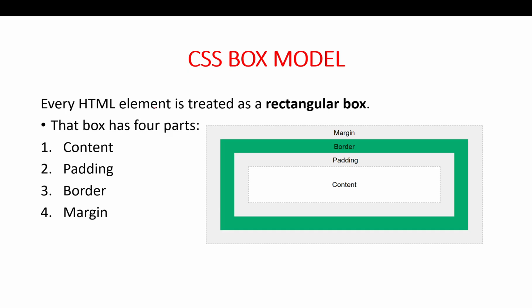The last one is the CSS box model. One of the most important CSS concepts is the CSS box model, and every HTML element is treated as a box. Okay. So every element is treated as a rectangular box. Let's say this is the box.